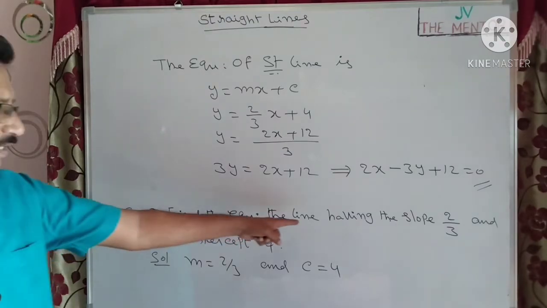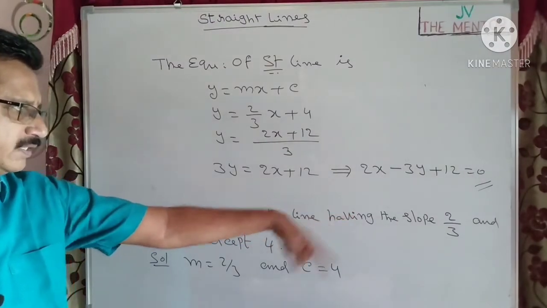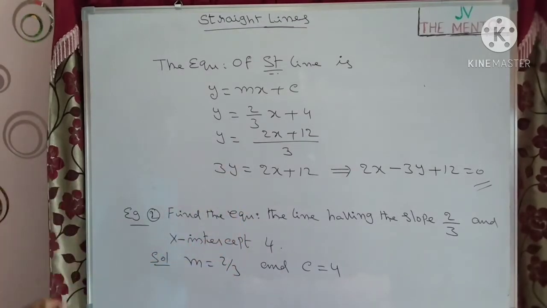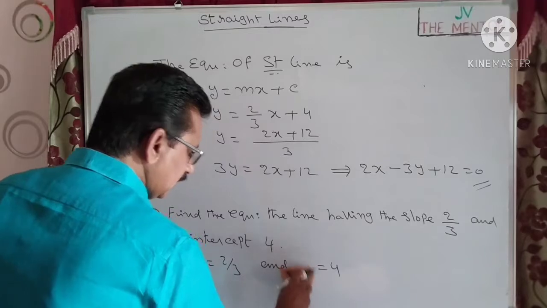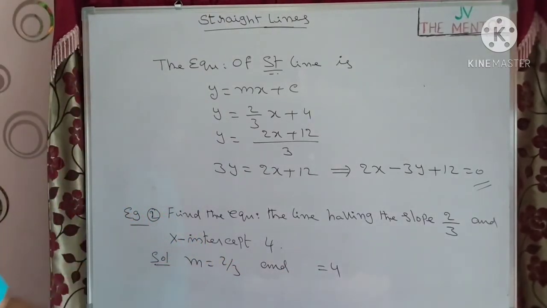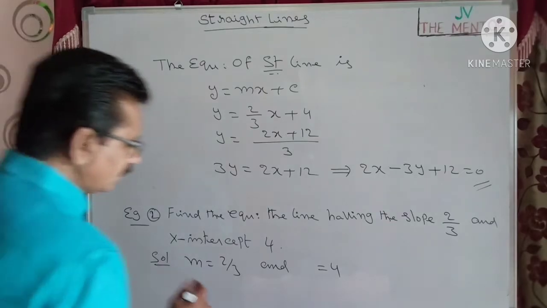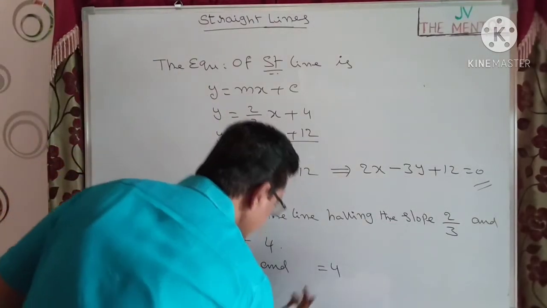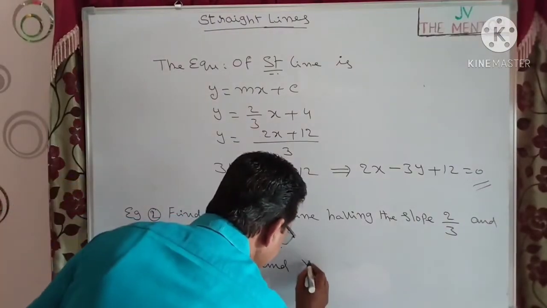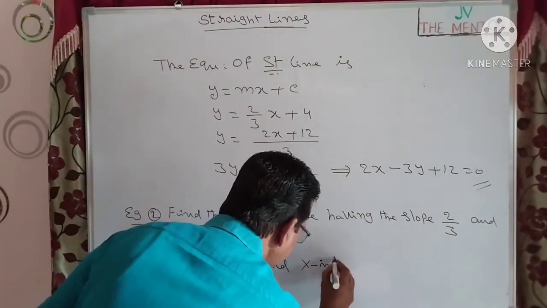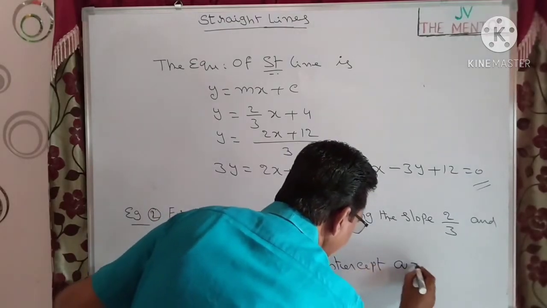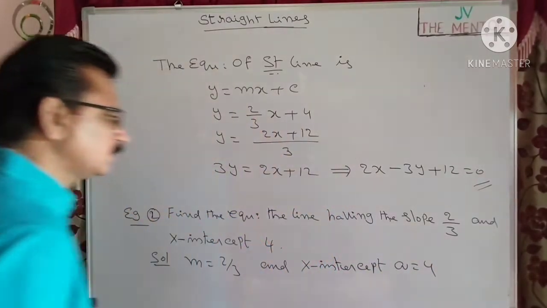Find the equation of the line having the slope 2 by 3 and x-intercept is 4. Now, in this problem, slope m equal to 2 by 3. What is the x-intercept? a. Write it clearly here. x-intercept a equal to 4.